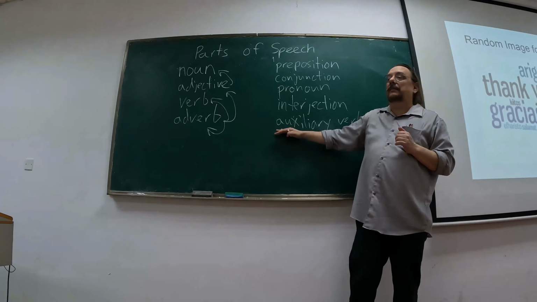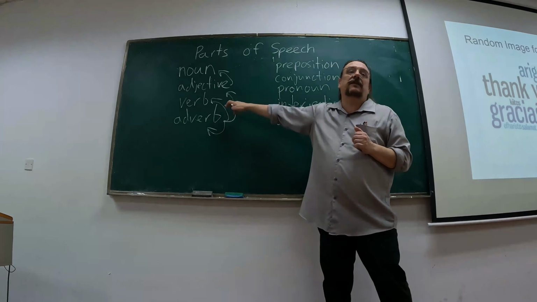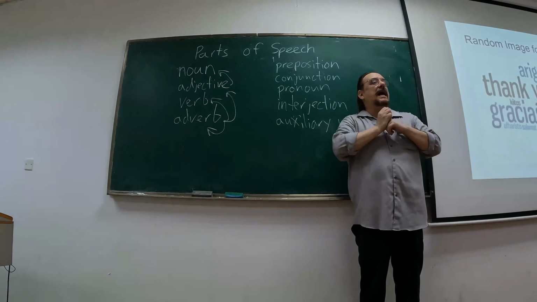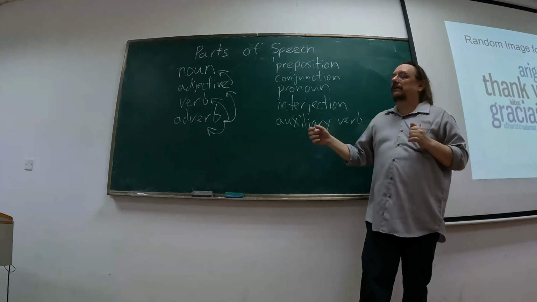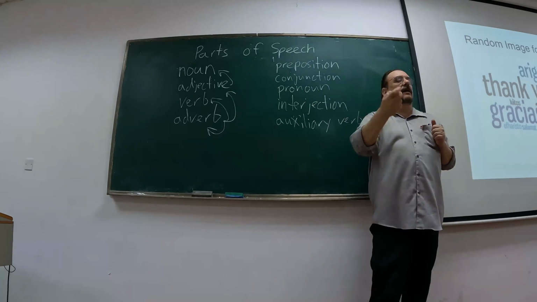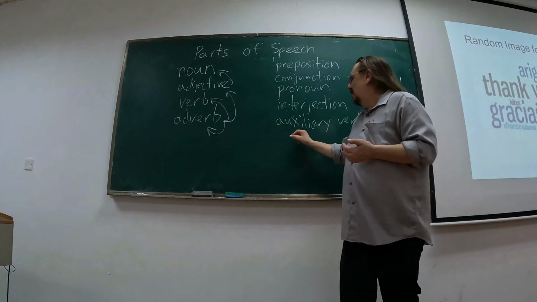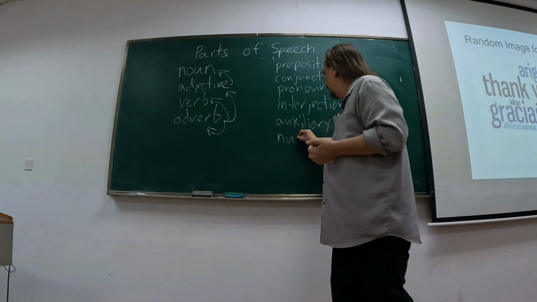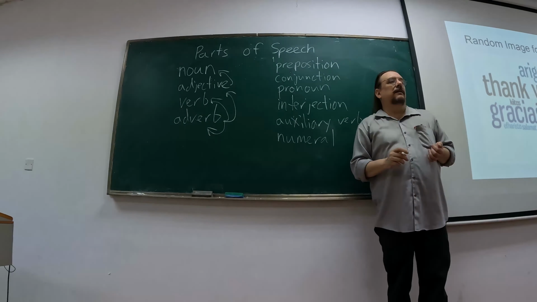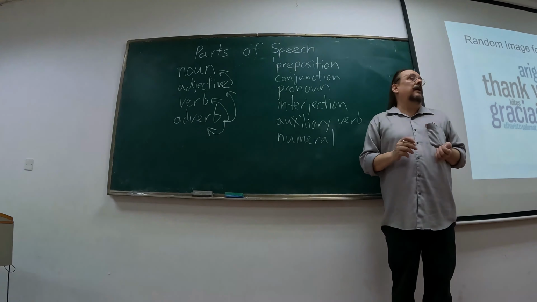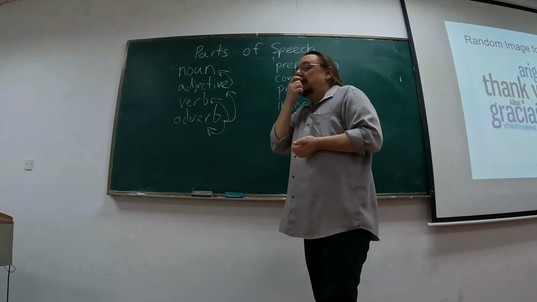I like to separate them, right? With the important action verbs and the auxiliary verbs, like has, had, was, is. Right? Those are auxiliary verbs. What else? Numeral. Number, right? Those are numerals.